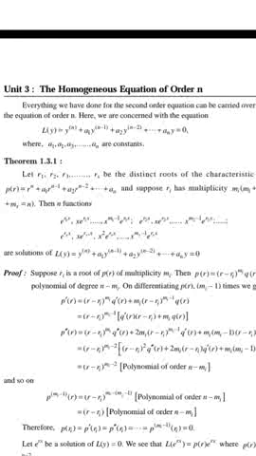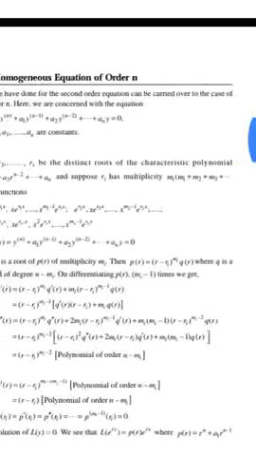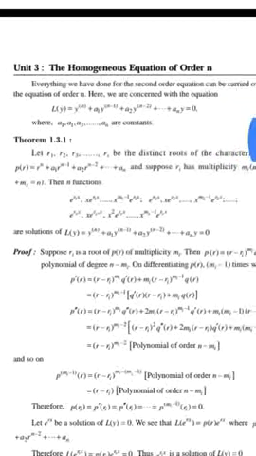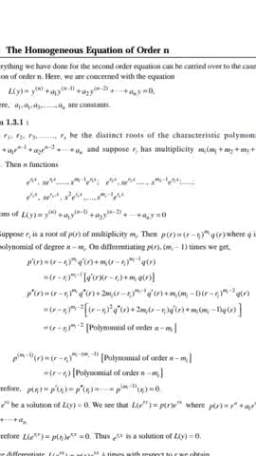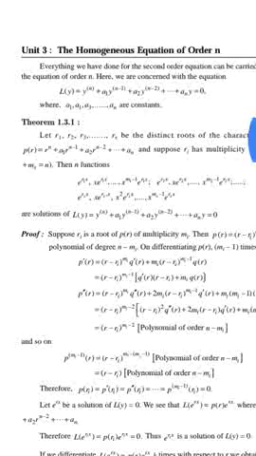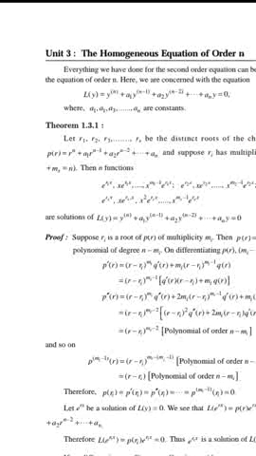Now a theorem on it. Let R1, R2, R3, dot dot, Rn be the distinct roots of the characteristic polynomial P of R is equal to R raised to n plus a1 R raised to n minus 1 plus a2 R raised to n minus 2 plus dot dot plus an. Suppose R1 has multiplicity m1, and m1 plus m2 plus dot dot plus mn is equal to n.